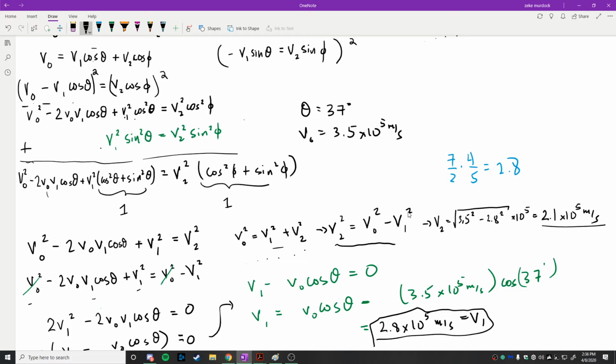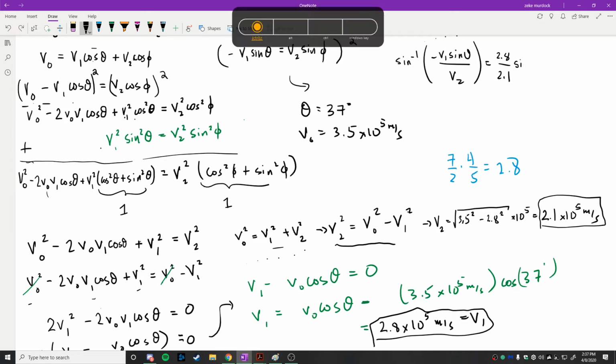That's V2. And if we want to find phi, we're going to have to go back to that equation right there when it's not squared. So I think sine inverse of negative V1 sine theta divided by V2 should give us our answer here. So V1 is 2.8 divided by V2 is 2.1, and then times the sine.